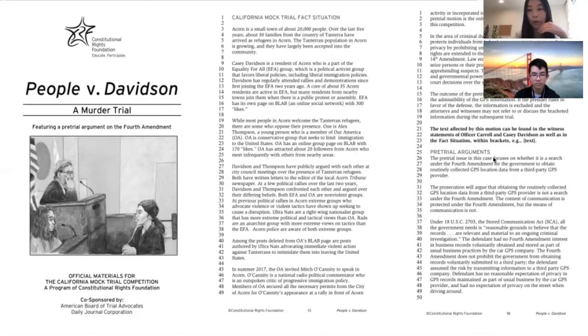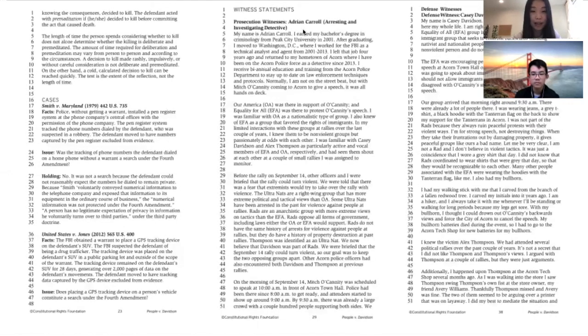We'll be going over what pretrial is a bit later on, but pretrial is basically the first part of the trial. And now we have witness statements. These are statements given from witnesses at the time of the event. When the murder happened, these are witnesses testifying as to what happened.